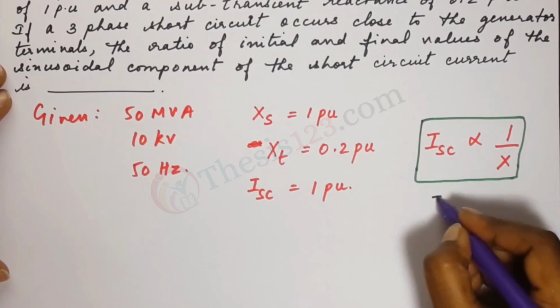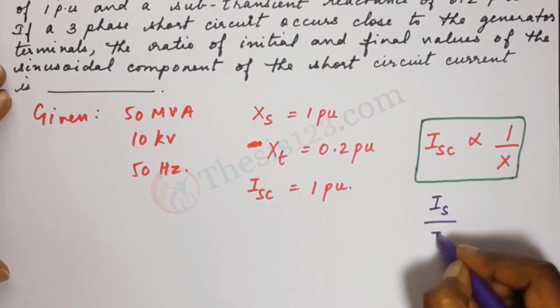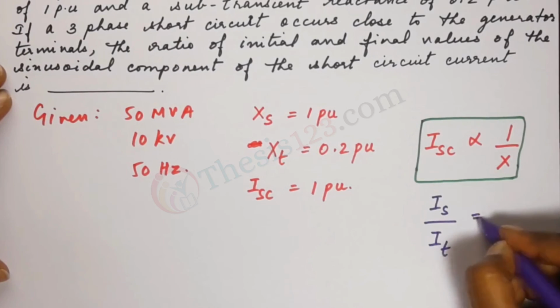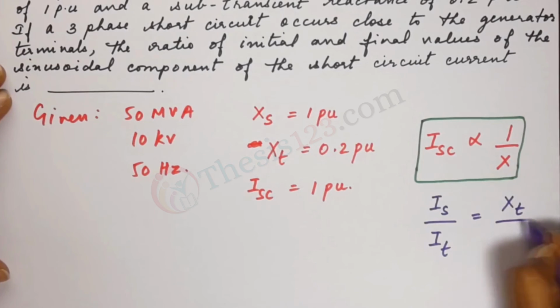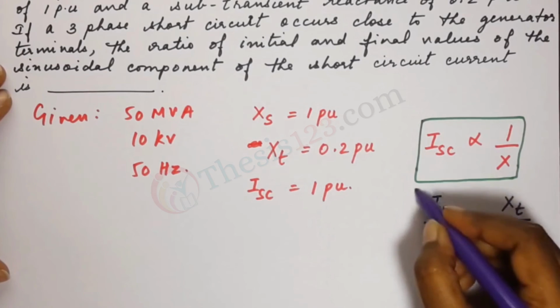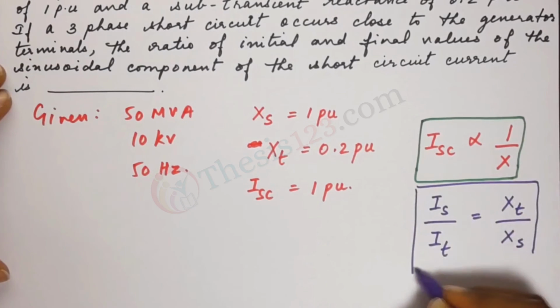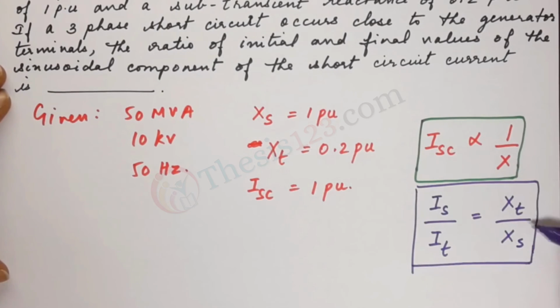If we write IS by IT, that would be equal to XT by XS, since it is inversely proportional. Now we have that XT is 0.2 and XS is 1.